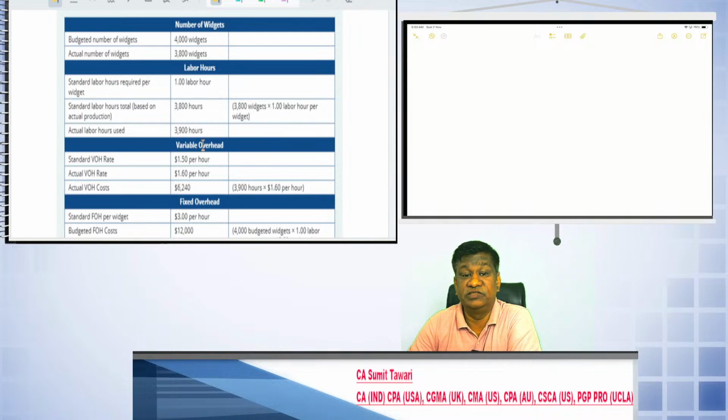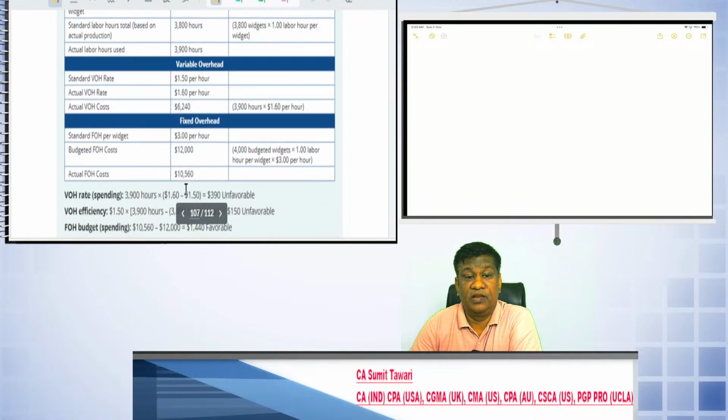So these two things we need to consider. The standard overhead rate is 1.5, actual rate is 1.6, and actual variable overhead cost is 6240. This is the actual overhead cost. Now we need to calculate one by one.